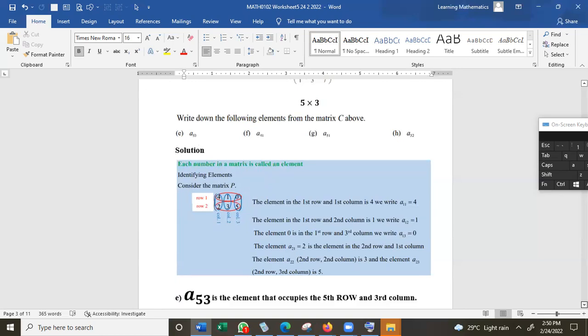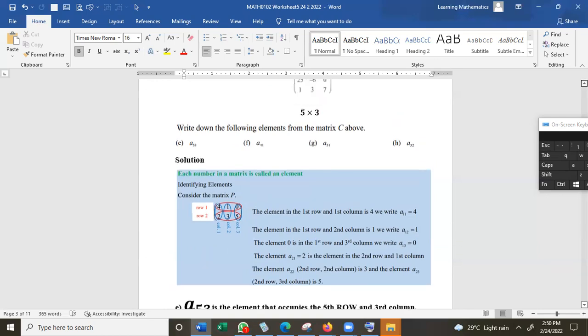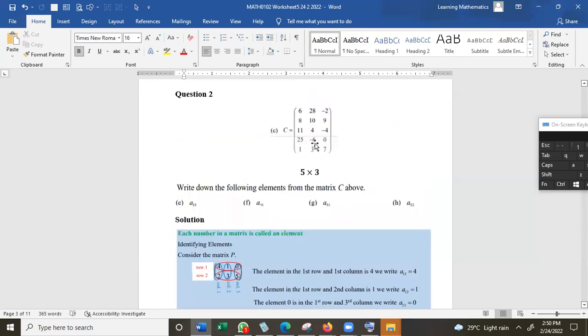So in this matrix, for example, that -6 there is in the 4th row and 2nd column, so it occupies the position 4, 2. 4th row, 2nd column, row by column.